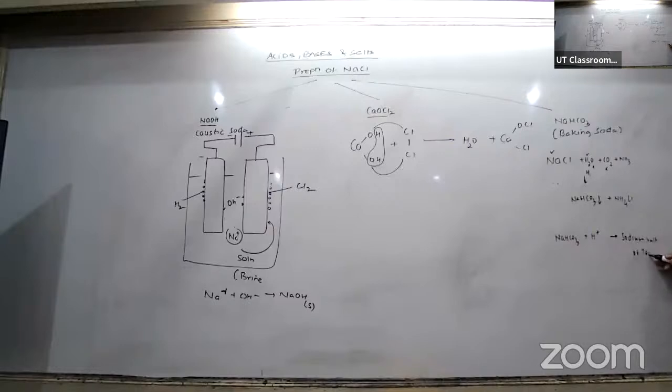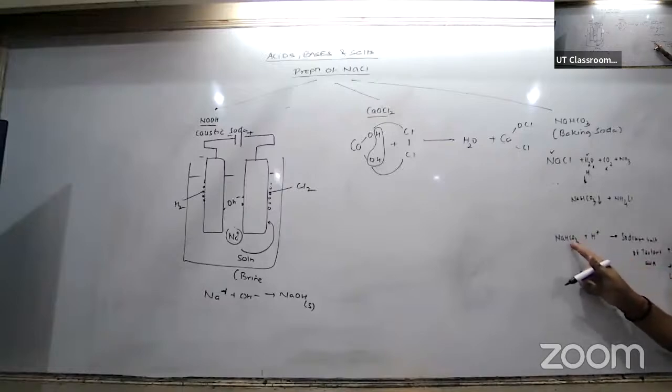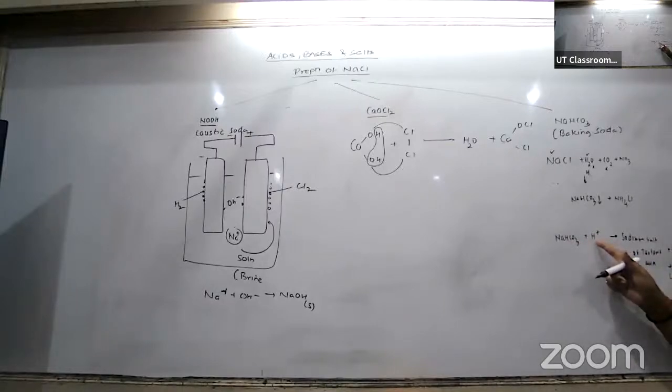Sodium salt of tartaric acid, and of course water is also there, plus you will get some gas coming out, because any carbonate, whenever it reacts with any acid, will give you carbon dioxide gas. Now as the gas comes out, it makes that cake spongy, like idli paste, idli is spongy.